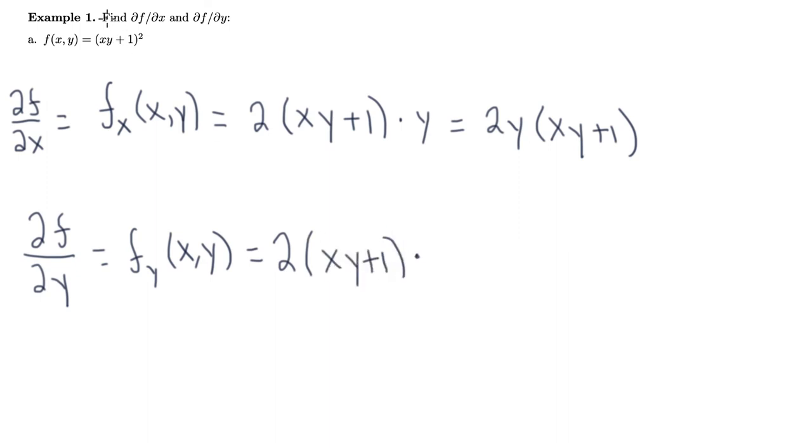And then I multiply by the derivative of the inside, which in this case is a constant times y, so the derivative is just the constant that I'm multiplying y by. So in other words, this is 2x times (xy + 1). And these are the two partial derivatives with respect to x and with respect to y of this function.